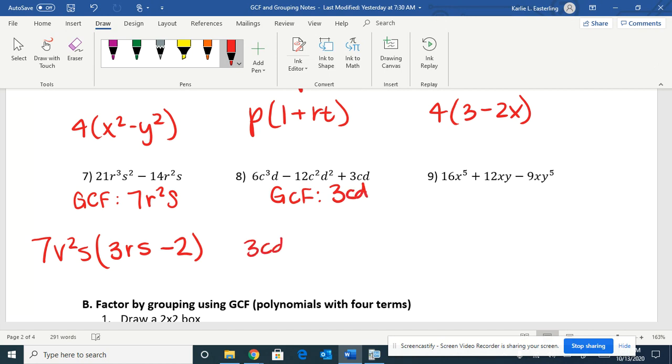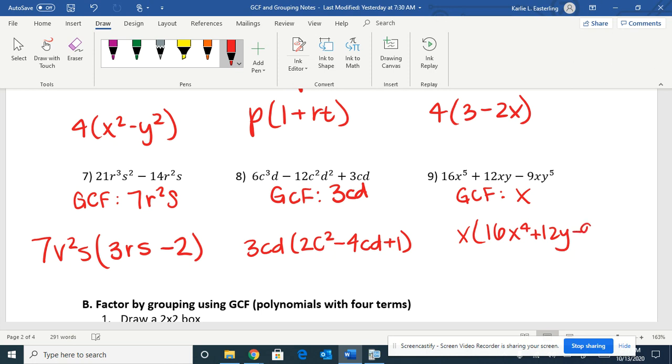Once you pull that 3cd out, you're looking at 2c squared minus 4cd plus 1. For number 9, hopefully y'all realized it is x. Once we pull out an x, we're looking at 16x to the 4th plus 12y minus 9y to the 5th.